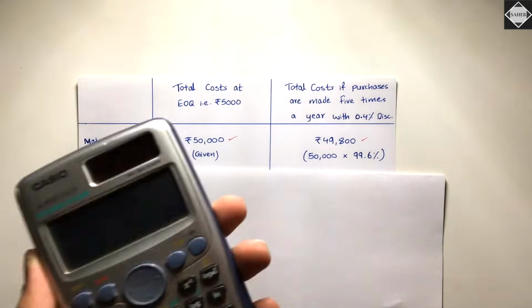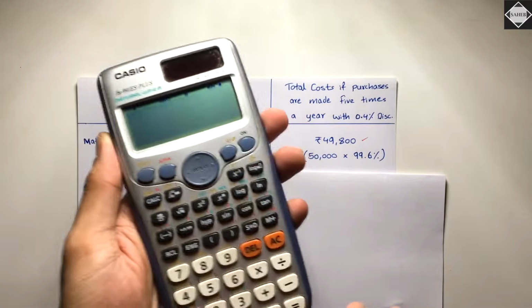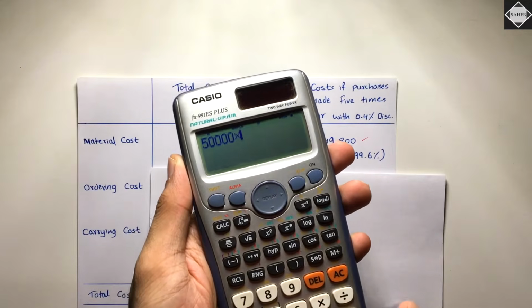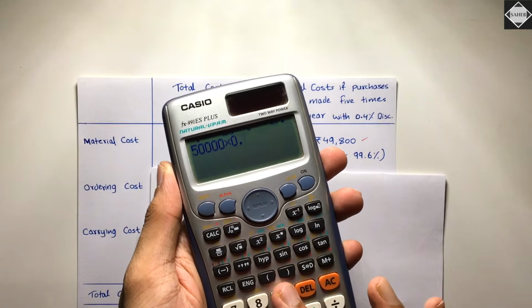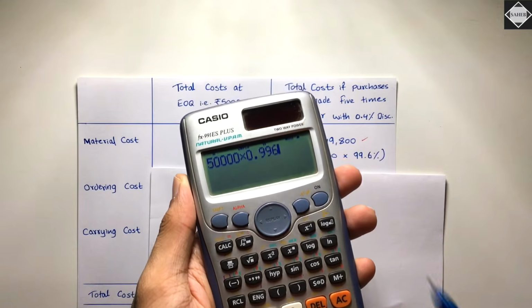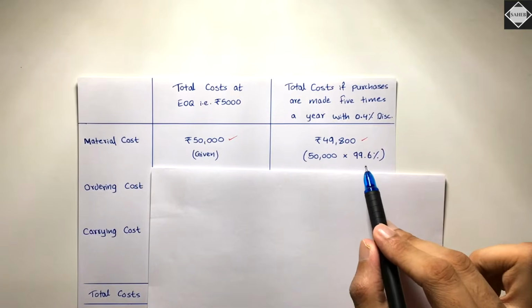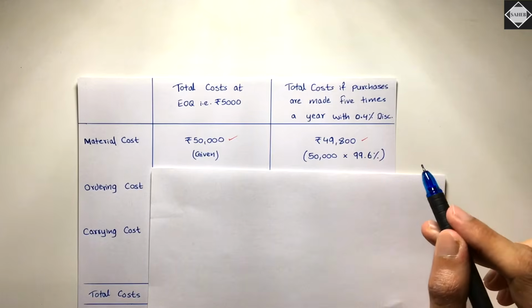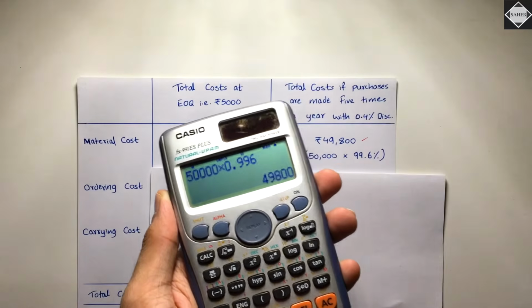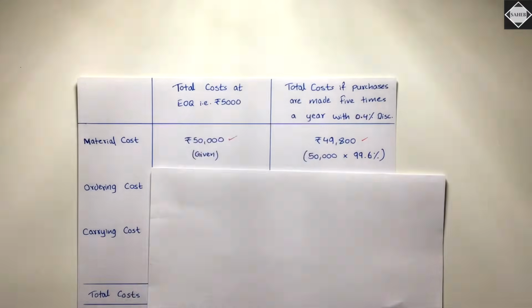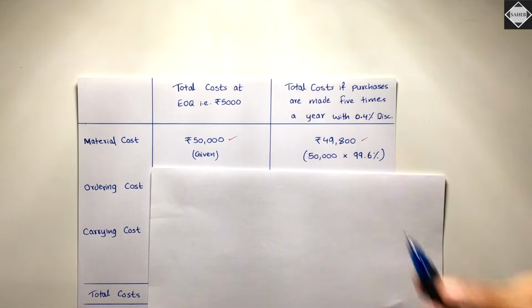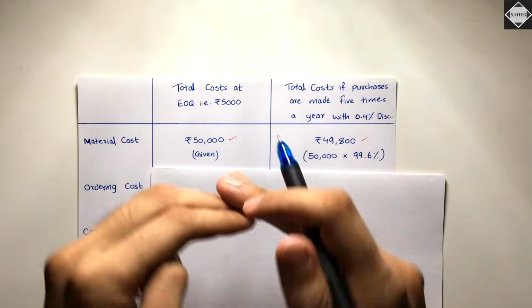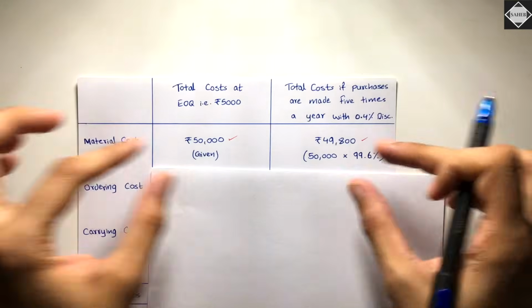One more way to calculate is to directly take the reduced percentage. 50,000 into 0.996, that is 99.6%. I have just subtracted 0.4 from 100%. If I multiply, I get 49,800. Both ways you can calculate. So how much discount did we get here? Just 200 rupees. Clear? Easy. So you're clear with the total material cost, right?